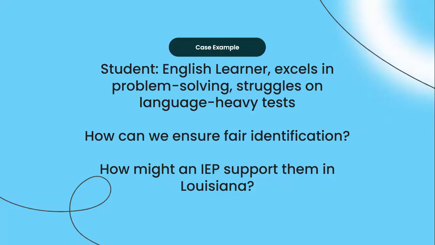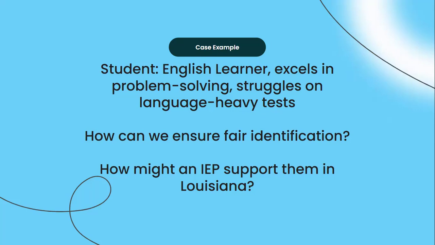So now let's take just a moment and consider this case example. Consider a student who is an English learner. In class, the student consistently demonstrates creative problem solving and advanced reasoning, but the student scores poorly on tests that rely heavily on language skills. In many states, this student might not be identified. In Louisiana, the IEP system could allow us to build in multiple measures, such as performance tasks, teacher observations, or nonverbal assessments to fairly capture this student's strengths.